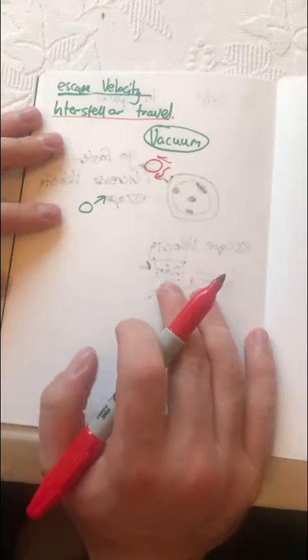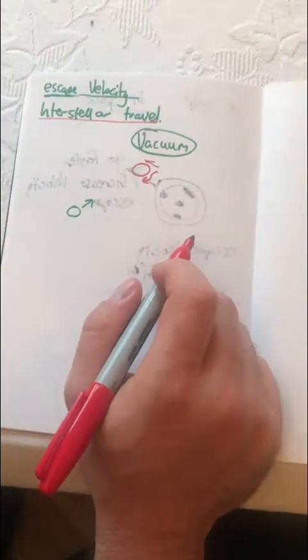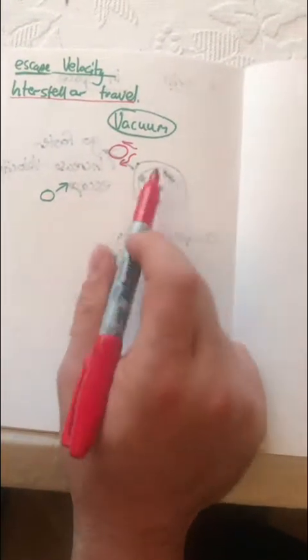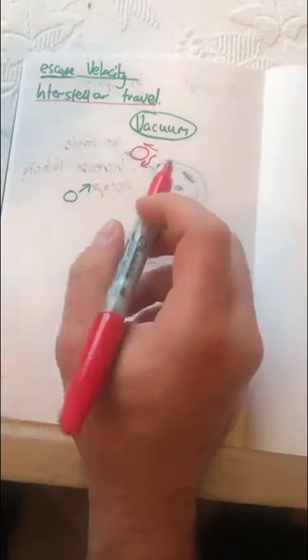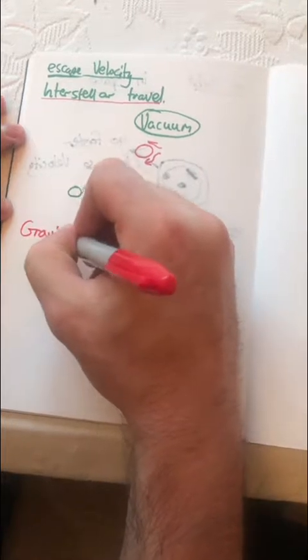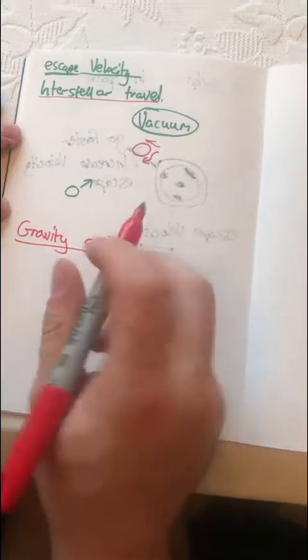So, you know, you're going to need a lot of fuel if you want to just keep using fuel to travel throughout the galaxy and the solar system. So instead of using fuel to travel and speed up and slow down and change direction and all of that, what they use instead is called gravity assist.